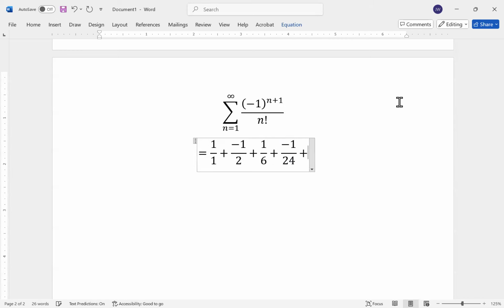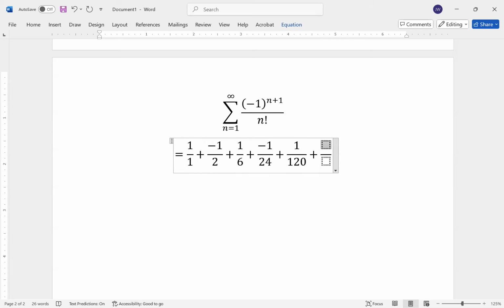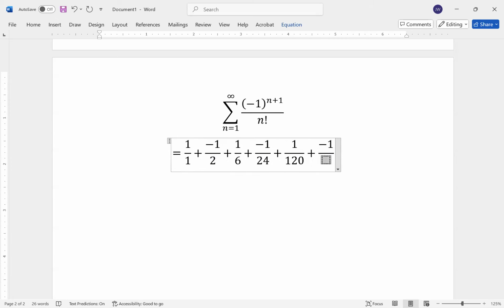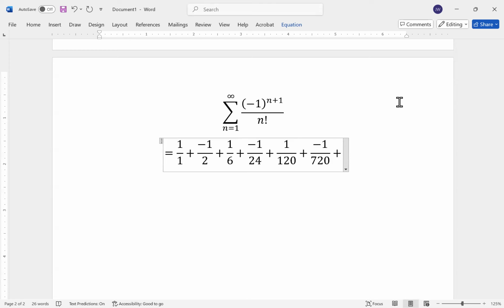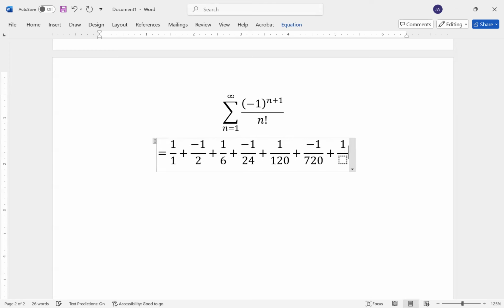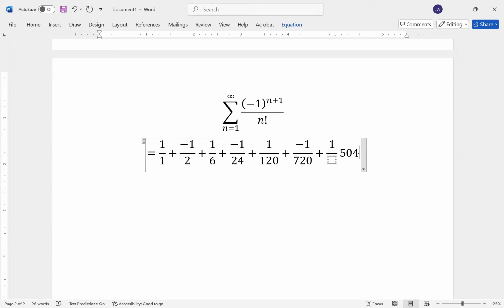If I plug in a 5, I get 120 in the denominator, so a positive 1 over 120. If I plug in a 6, 6 factorial is 720, so I end up with negative 1 over 720. If I plug in a 7, I get 5040, so I get a positive 1 over 5040 as my term.